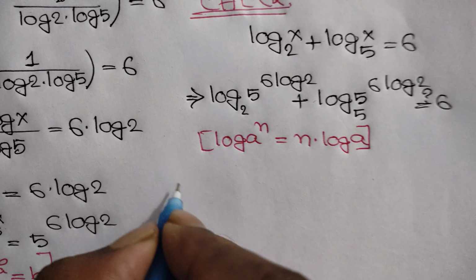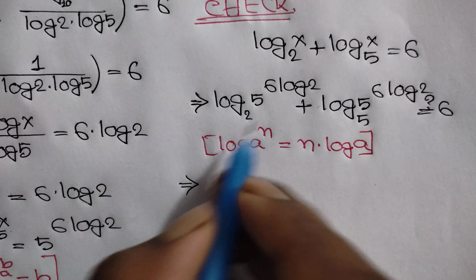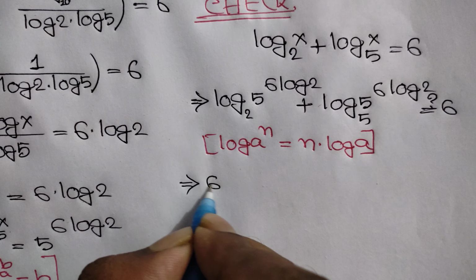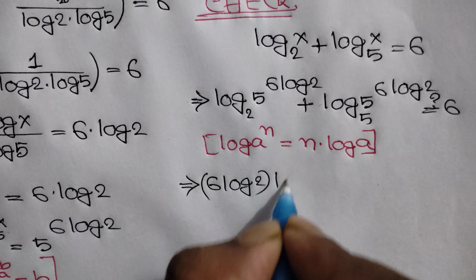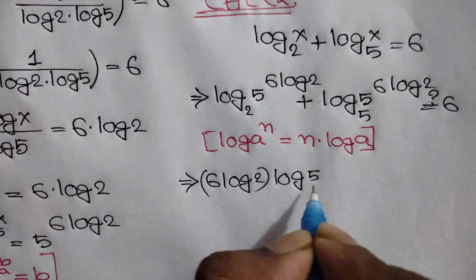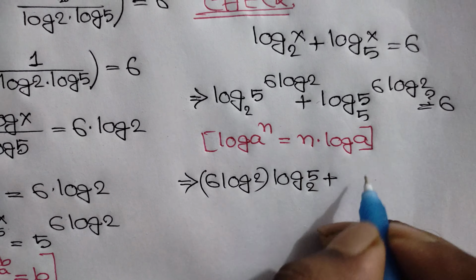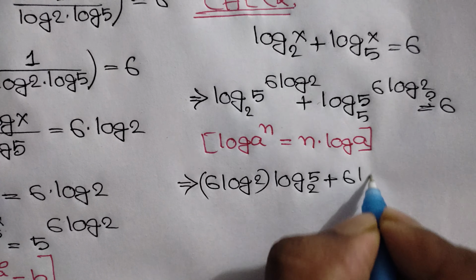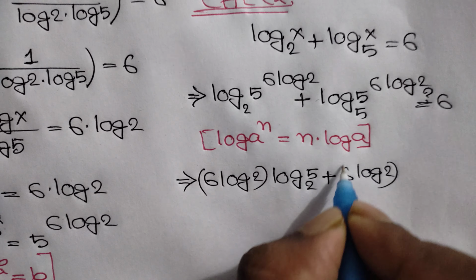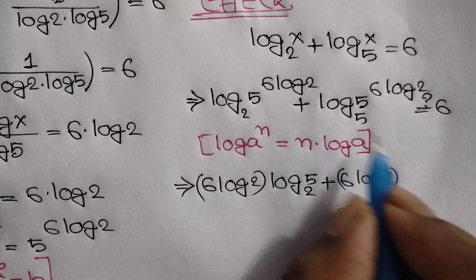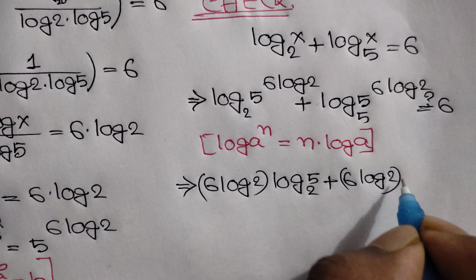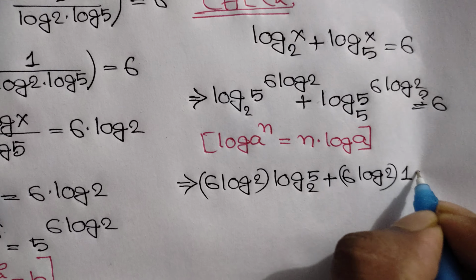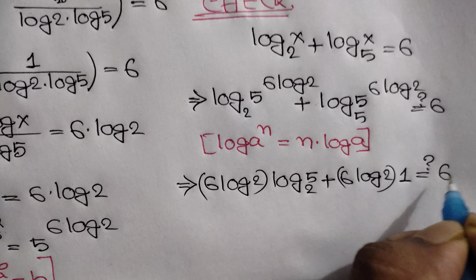Here we can write 6 times log of 2 times log of 5 base 2, plus similarly 6 times log of 2 times log of 5 base 5. Now we know that log of 5 base 5 is 1, so we can write 1, is it equal to 6?